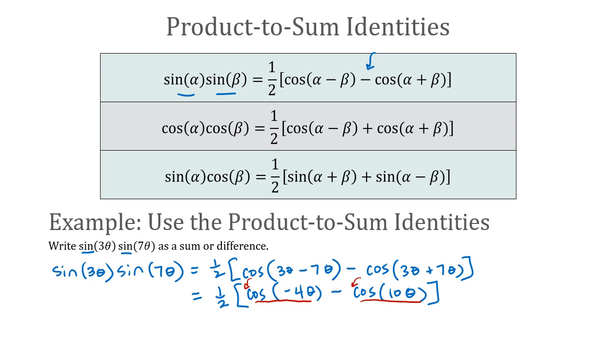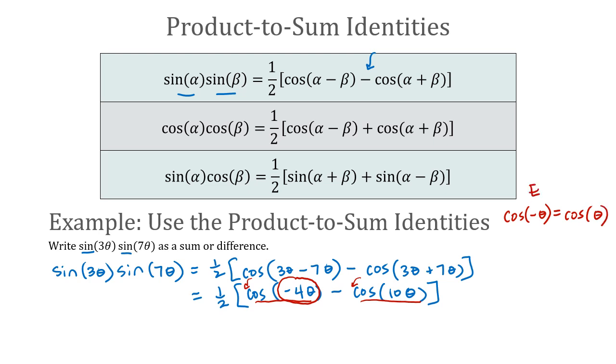The only other thing that we could do involves this cosine of negative 4 theta. We know that the cosine function is an even function. What that means is that if you have the cosine of some negative angle, then that is equal to the cosine of that same positive angle.